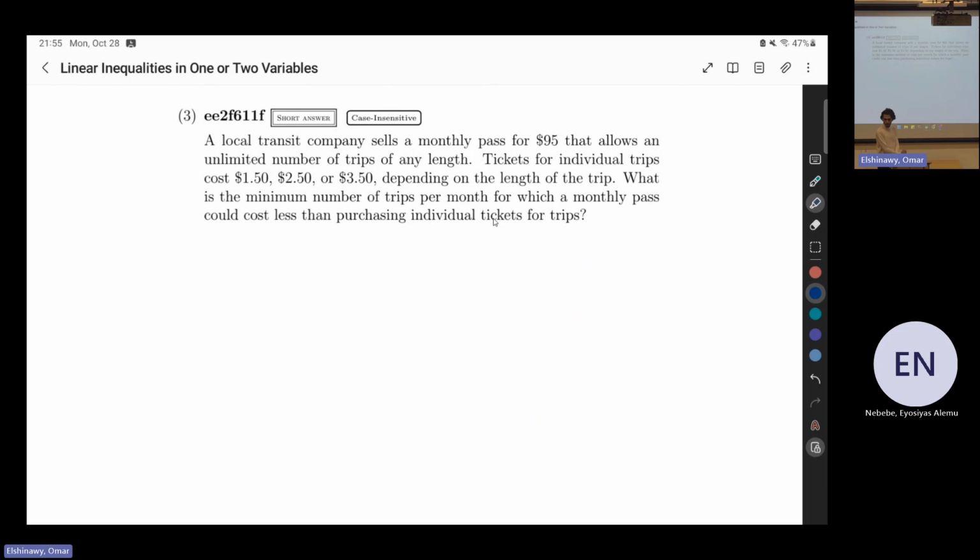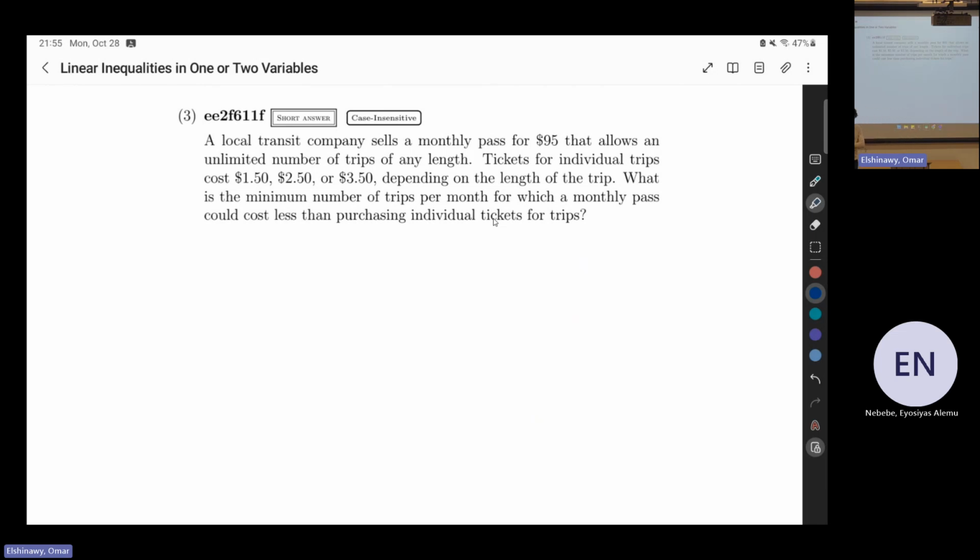So he's just asking the price that the trips they have for per month. Less than 95, right? Yeah, you could say that.